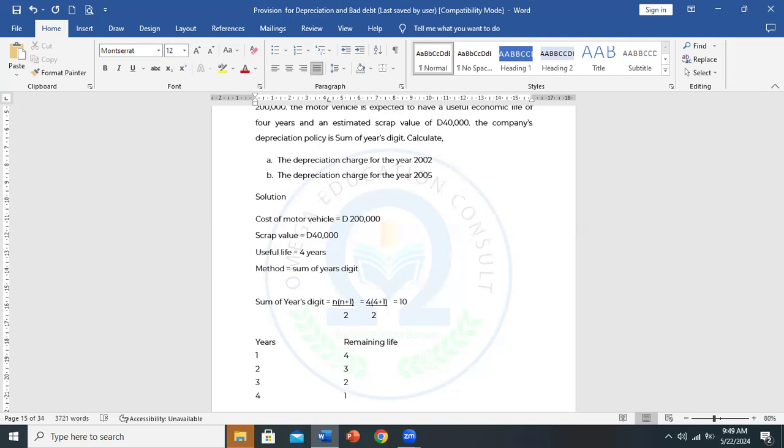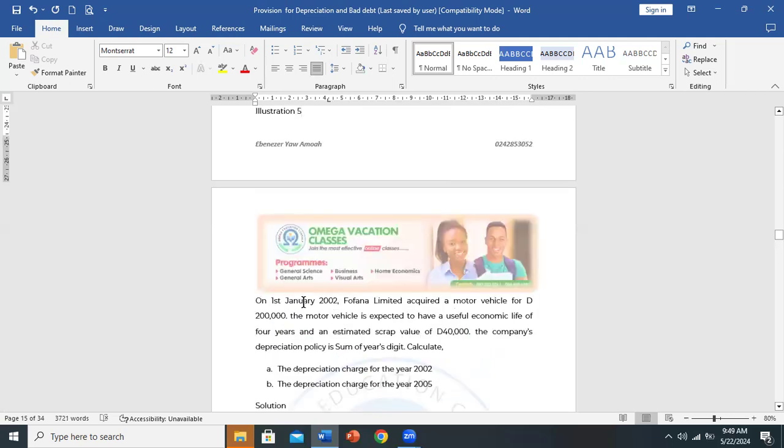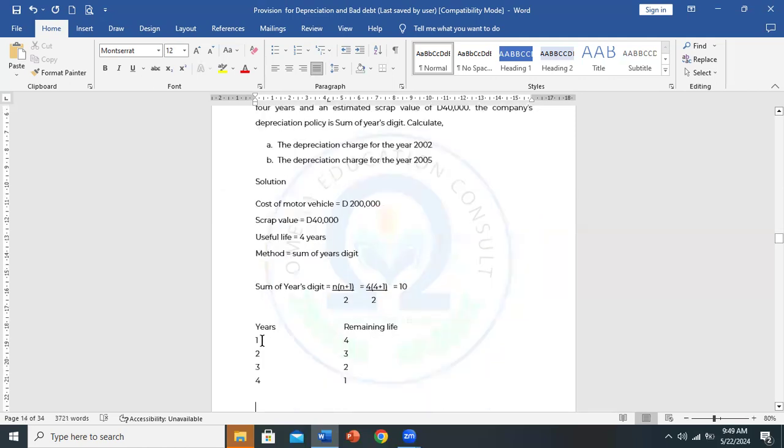Okay, so let's put specific dates because this question gave us some dates. It says the asset was bought in the year 2002. So year 1 is 2002, right? So year 1 is 2002. So year 2 will be 2003. Year 4 is 2004.